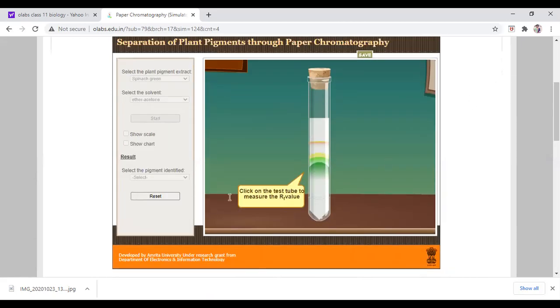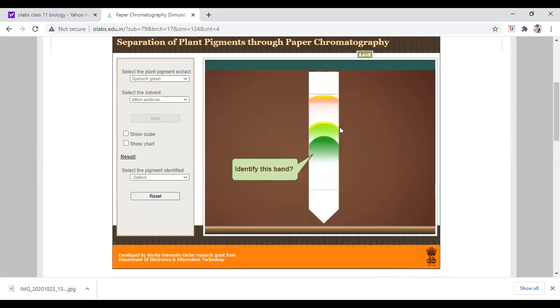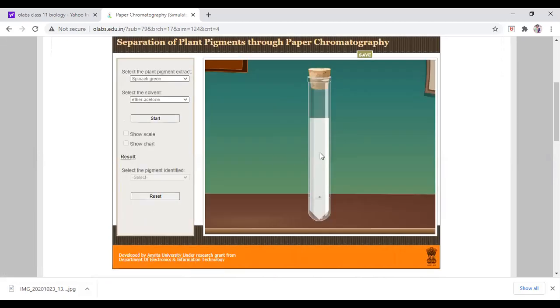Click on the test tube to measure the RF value. Identify this band. What will be this band? Chlorophyll B. If the upper one was chlorophyll A, then this will be chlorophyll B. Now start again.